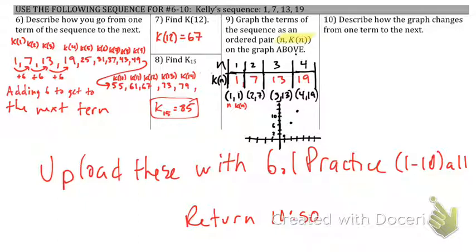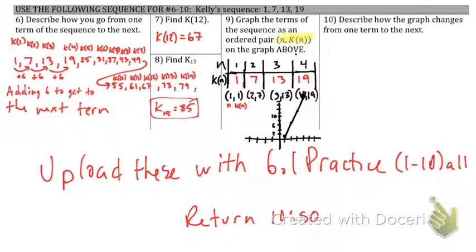And then 4, 19 would be way up here. And it would look like a line. So that's how you graph it. Don't let this confuse you. It's just calling x and y by a different name. We're using function notation, which you should be comfortable with from IM3. If not, we're going to get a lot of practice with it anyway.